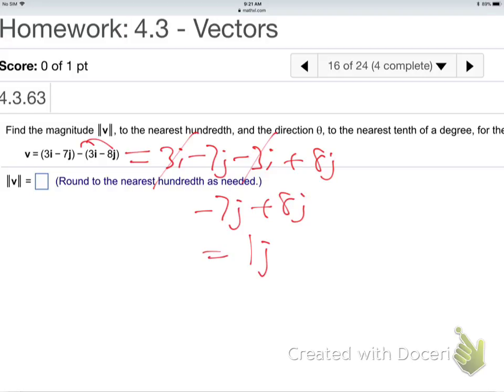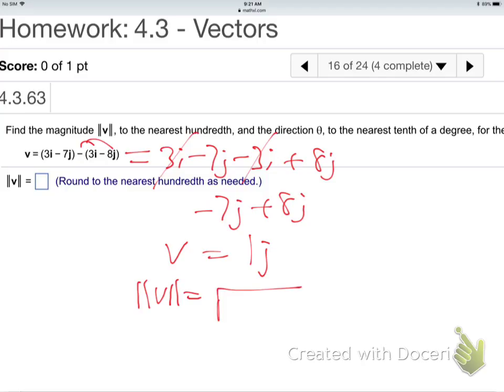All right, that thing really simplifies. So I haven't done any magnitude stuff yet. All I've done is add and subtract the i's and the j's, right? We good so far? So that's really what vector v is. It's just 1j.